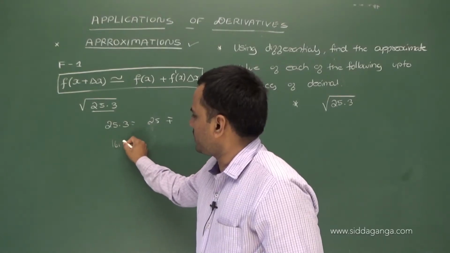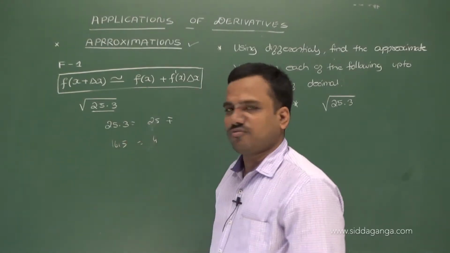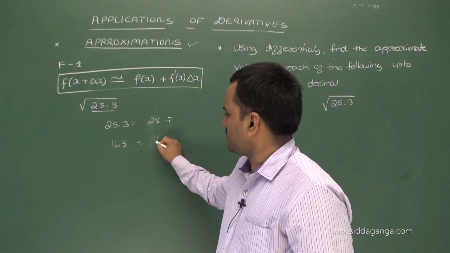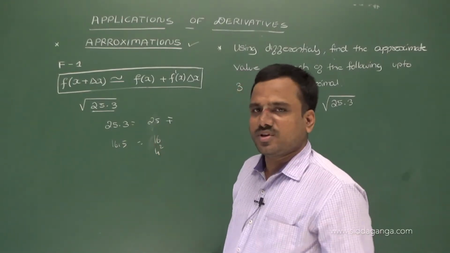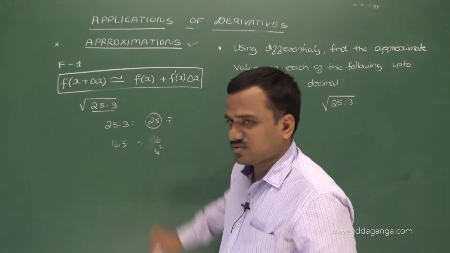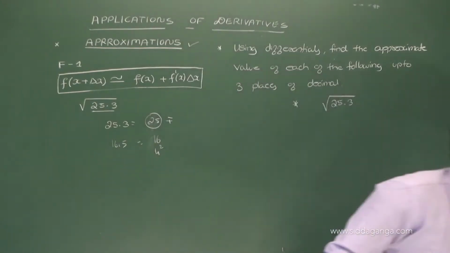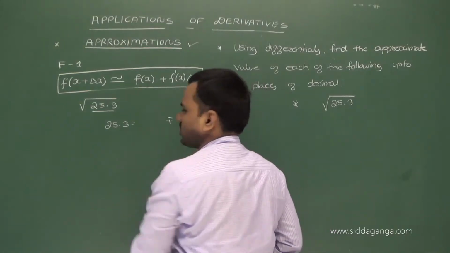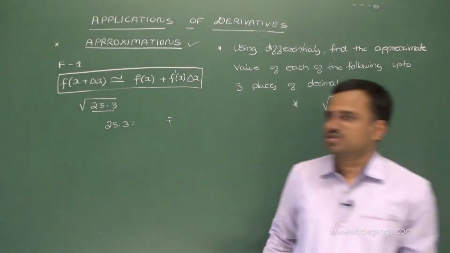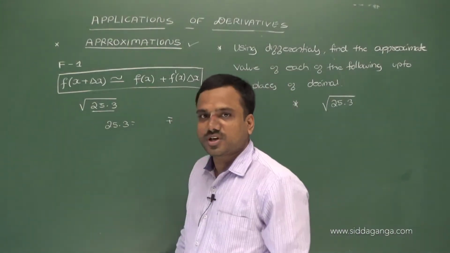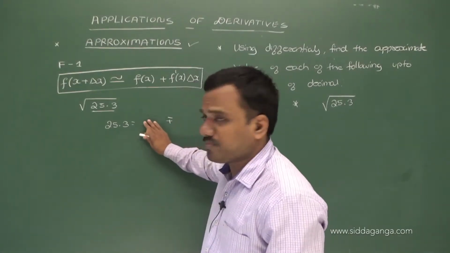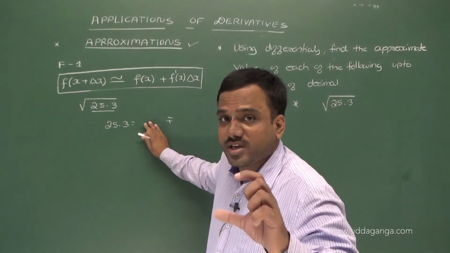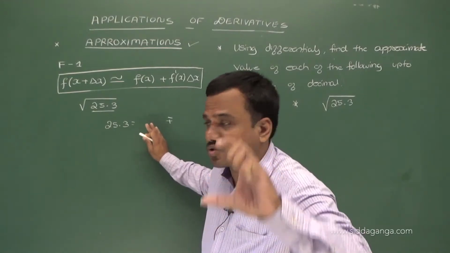So if it is suppose 16.5, so we have to write for 16, means 4 square. The first number we split into what? We split into sum or difference of two terms. Correct na? The first term is a perfect square number.